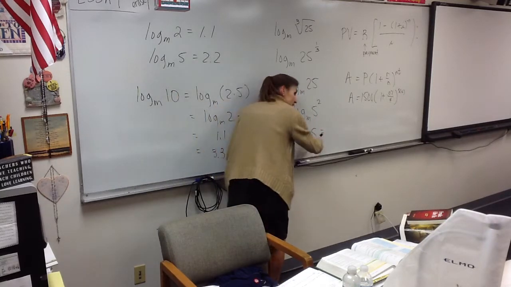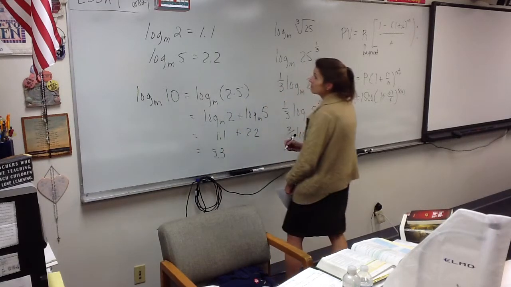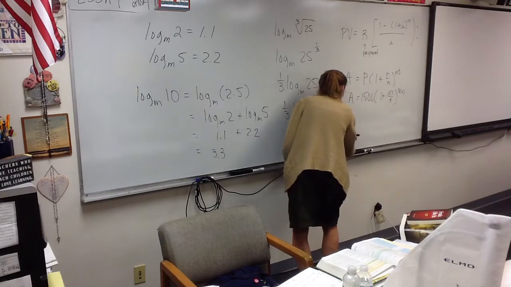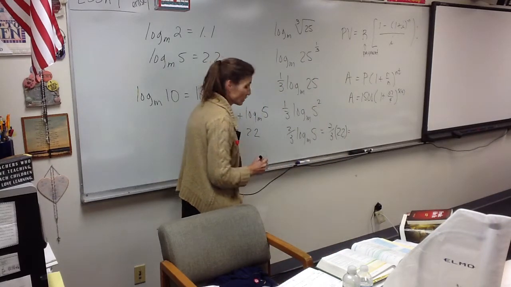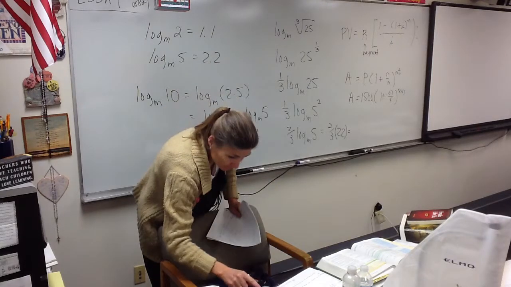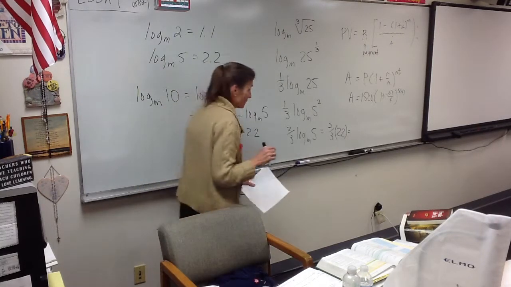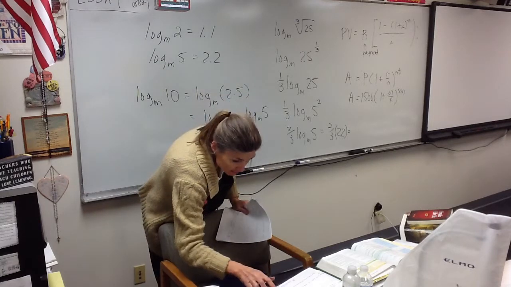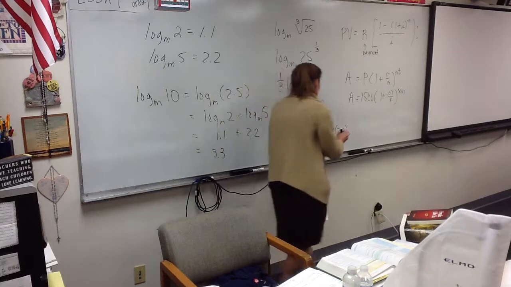Don't we know what this is? So it's 2/3 times 2.2, which is 1.47, which I can get as a fraction if I want, 22/15.